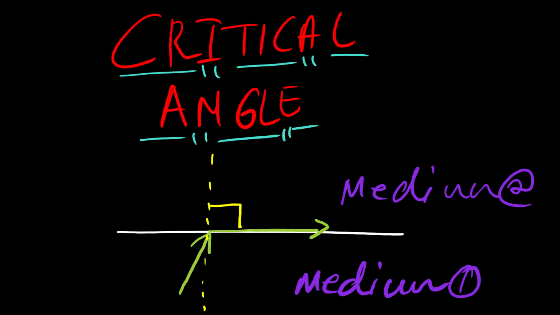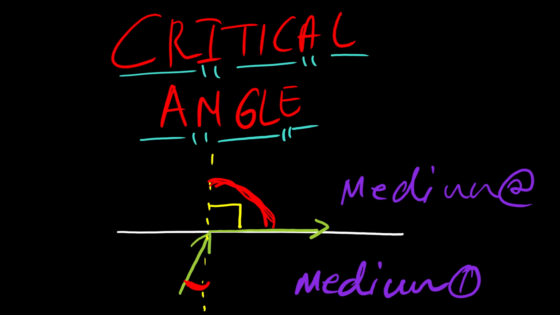Medium 2 is refracted. Now, what is critical angle? Critical angle, it's not this angle. No. Critical angle is the angle of incidence for which the angle of refraction is 90 degrees.